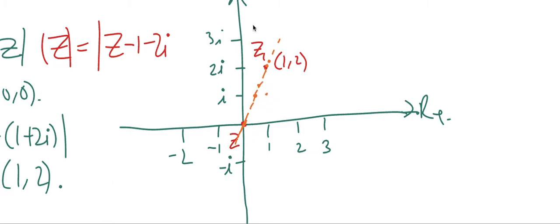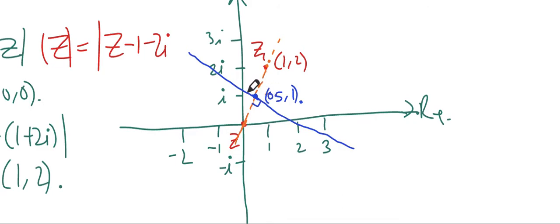I'll use a separate color. So what is that point? Halfway in your real value between 0 and 1 is 0.5, and halfway between 0 and 2 is 1. So that's the coordinate (0.5, 1). The perpendicular bisector is a locus that passes exactly through the middle, and it will certainly meet at a right angle.